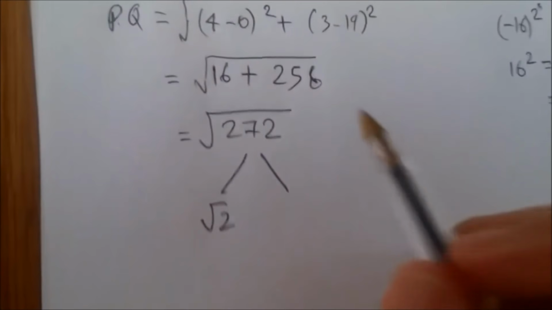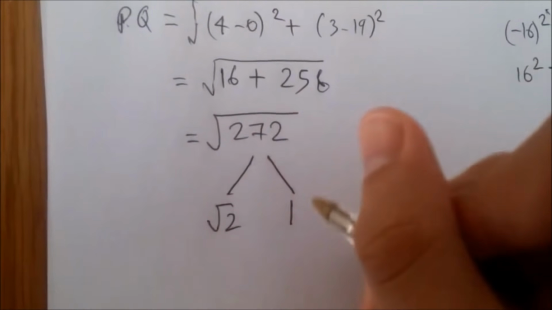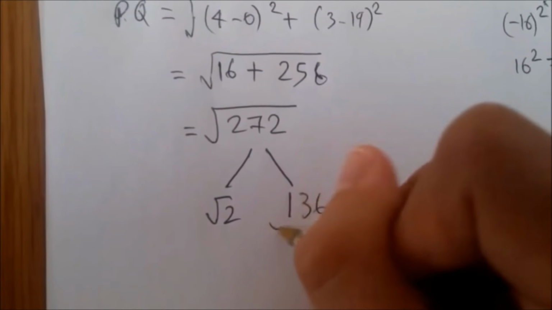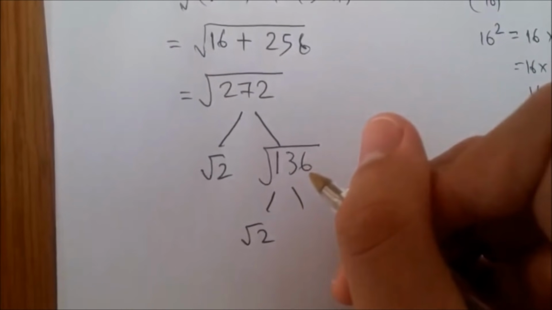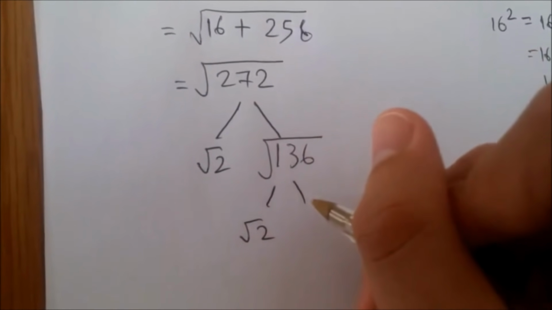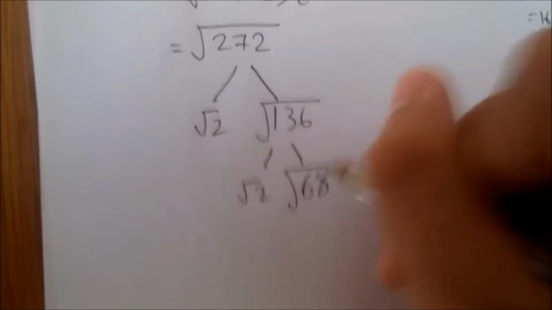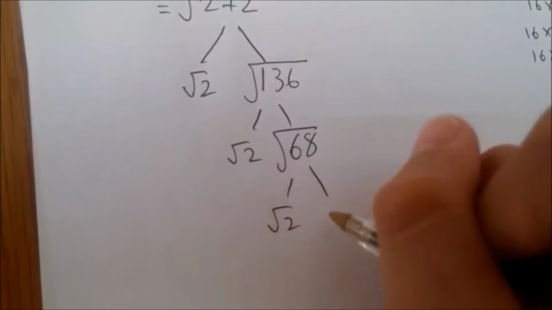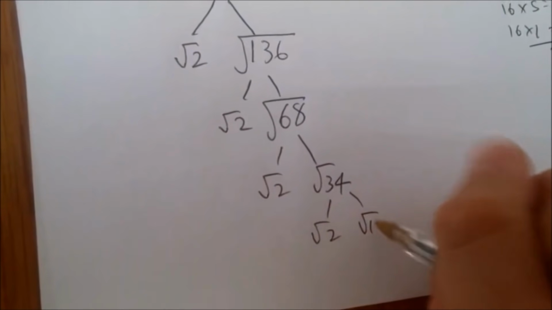So root 2, and half of 272 is 136, root 136. Again, root 2. Half of 136 is 68. Now it gets easier. So this is root 2, root 34, half of 34 is 17.